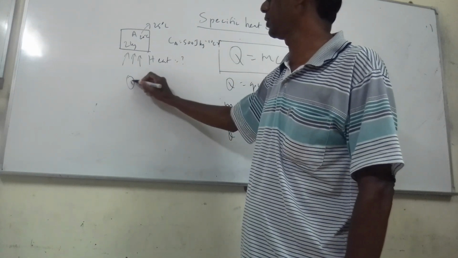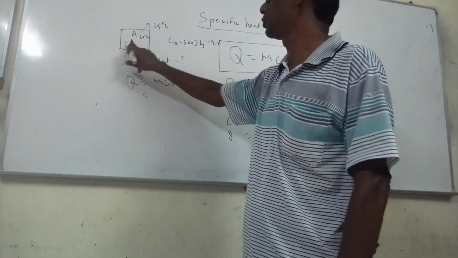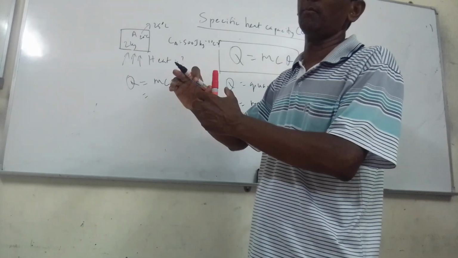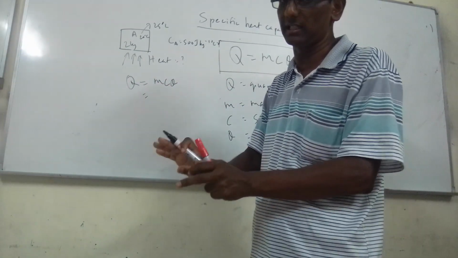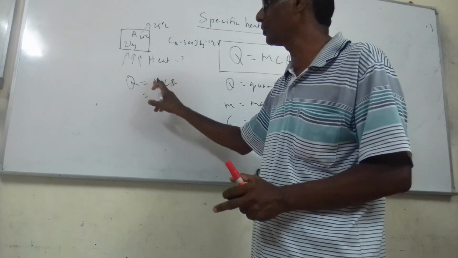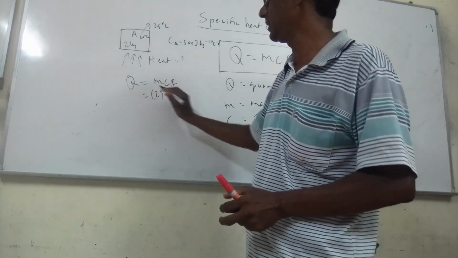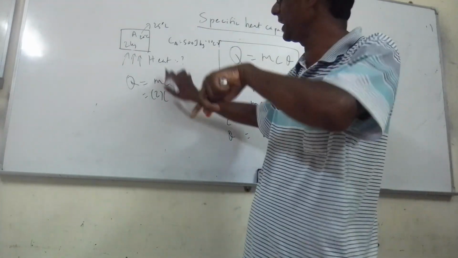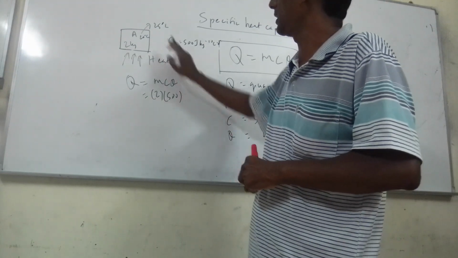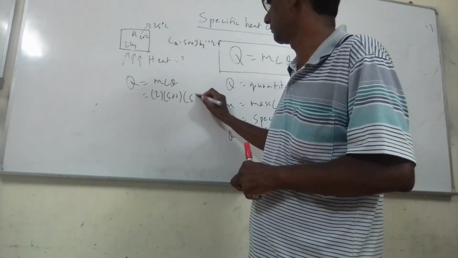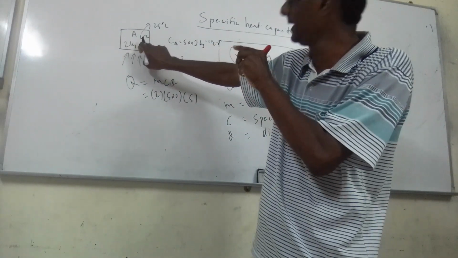So the formula is Q equals mc theta. M is 2 kg. Specific heat capacity is about 1 kg, but for more than 1 kg we have to use this formula. The specific heat capacity of object A is 500 and theta equals 5 degrees Celsius, the difference in temperature from 20 to 25.